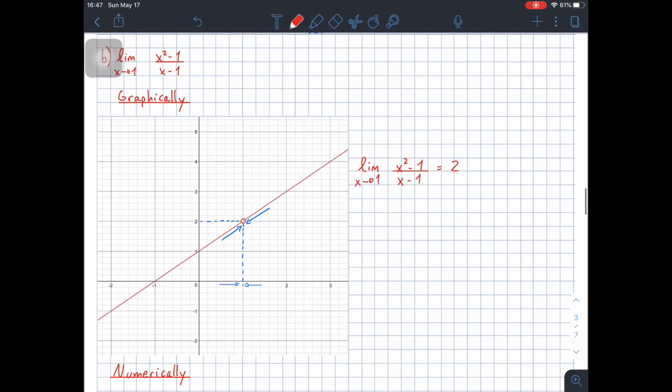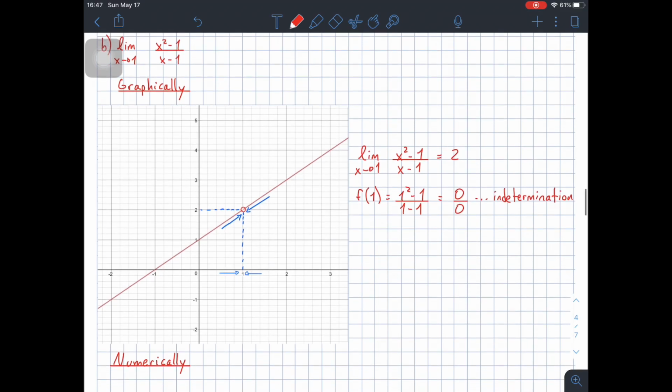But if we analyze the value of the function for x equals 1, you will see the following. So f of 1, which is the value of the function when x equals 1, is 1 squared minus 1 divided by 1 minus 1, and this gives us 0 over 0, which is an indetermination. There. So you see that in this case, the value of the limit is not the same as the value of the function.